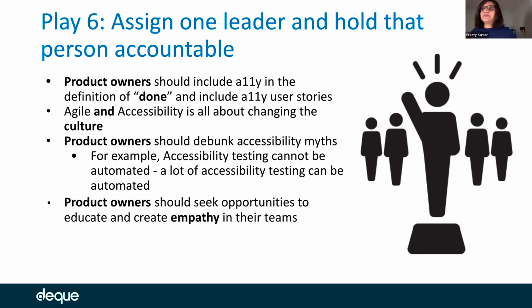I'll tell you why. Because product owners, in terms of accessibility, are the ones who need to put in the definition of done. And this relates to the previous slide that I had when I said don't aim for perfection, okay? So the definition of done has to be written for every user story by the product owner.